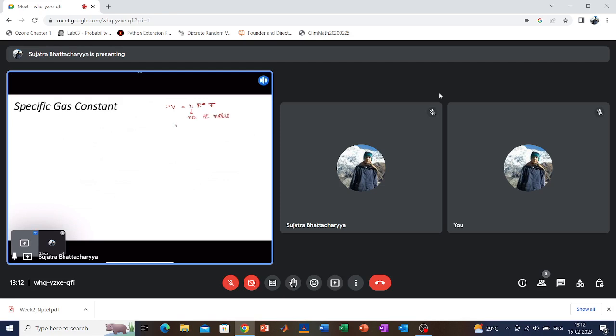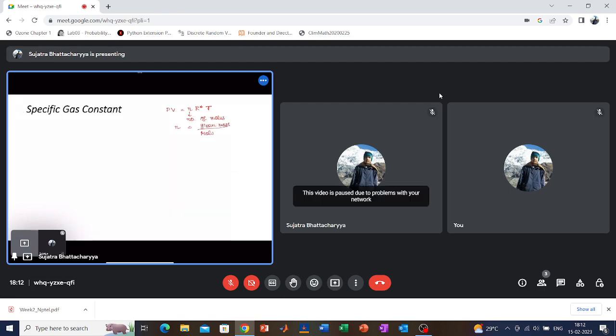Now n, the number of moles, can be written as given mass by molar mass. So we can write it as small m by capital M, where small m is the given mass of a particular gas, and capital M is the molar mass of that particular gas.